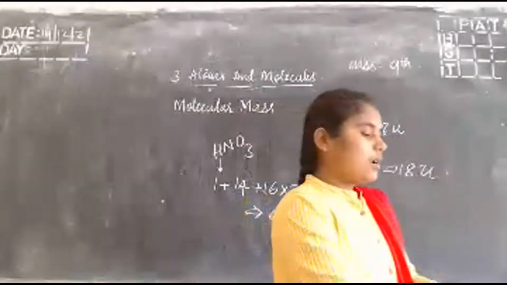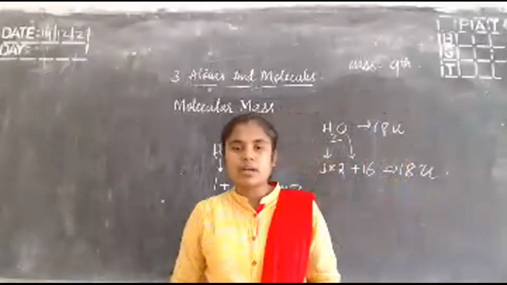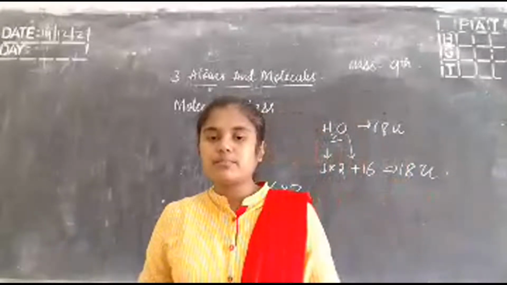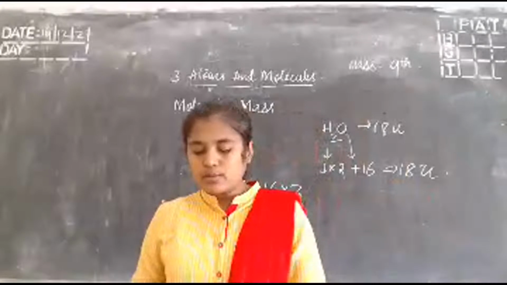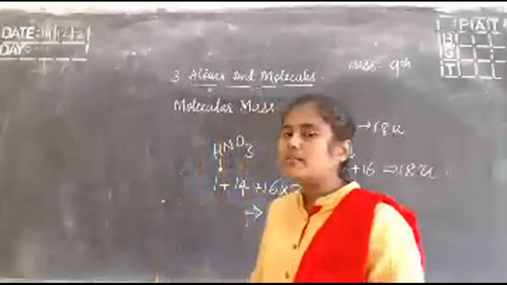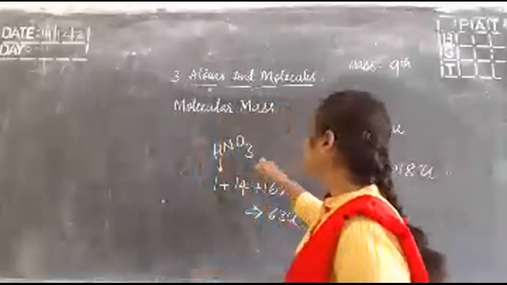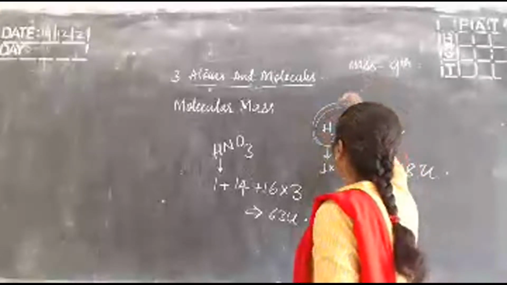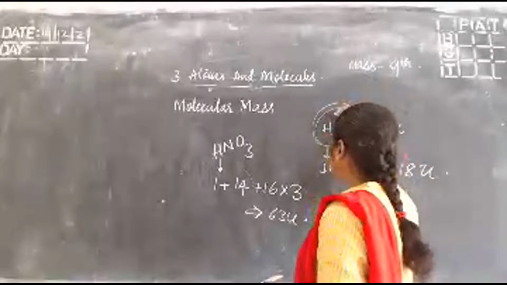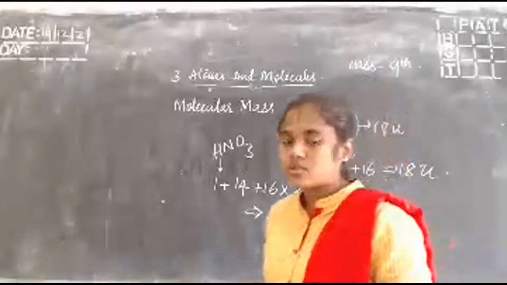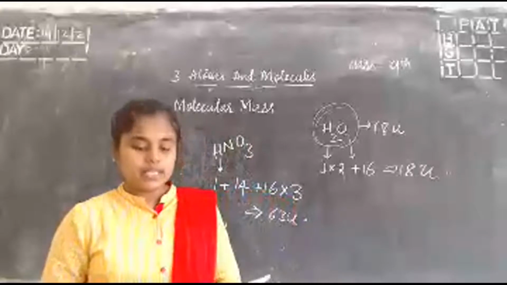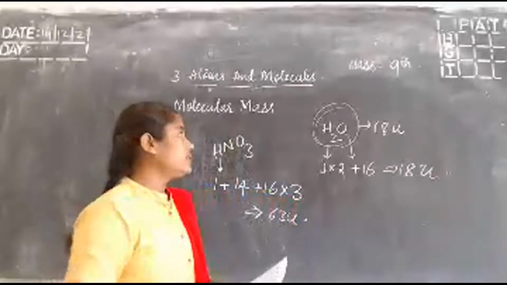So this is how to define the molecular mass. The molecular mass of a substance is the sum of the atomic masses of all the atoms in that molecule of a substance. So it is the sum of all the atomic masses of the elements of that substance.